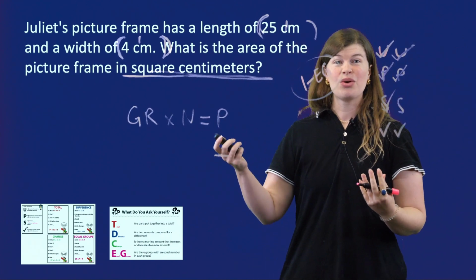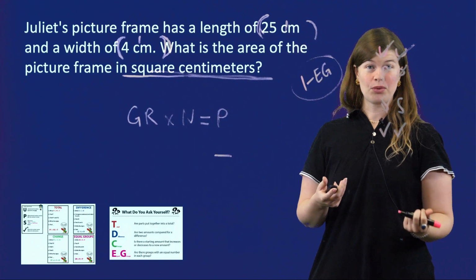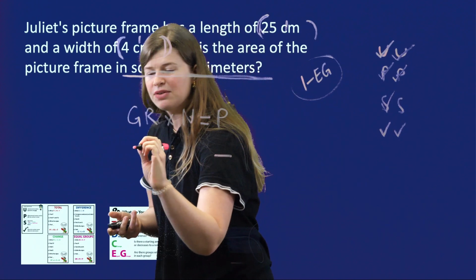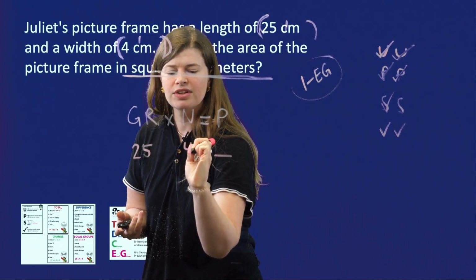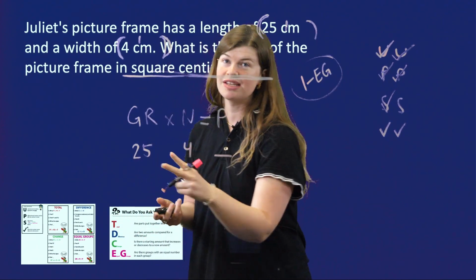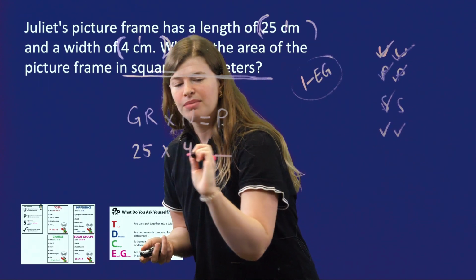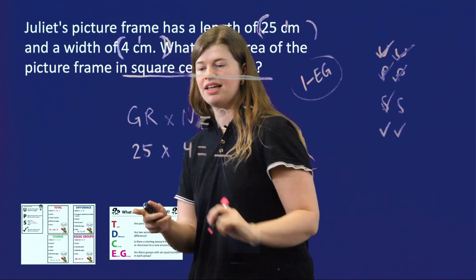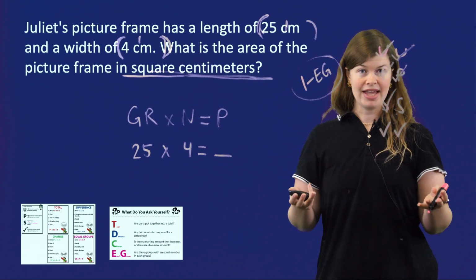Now I know that we have a width of 25 and a length of 4. So I'm going to put 25 under my groups and 4 under the number in each group. Could you switch these? Absolutely. Now I'm going to plug in my signs, and I have 25 times 4 is blank.